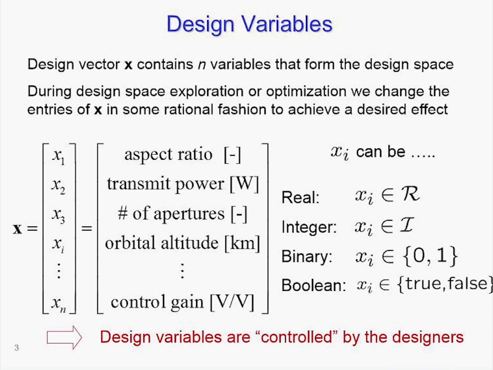So putting all those together, what does the optimization problem look like? Minimize over x, some J of x, and x here is a vector, but we're going to again consider just a scalar objective function. So if we have lots of objectives, we're going to roll them all up together, subject to the constraints.